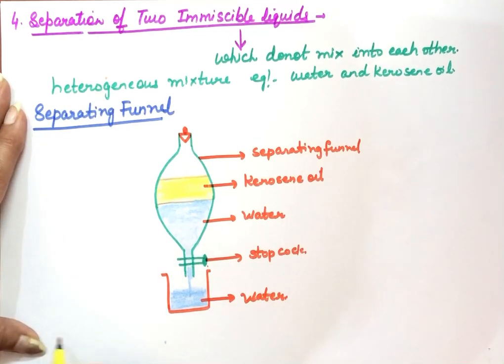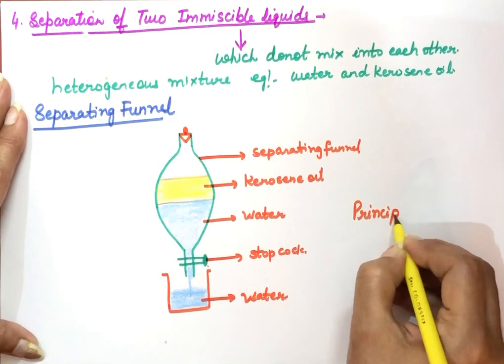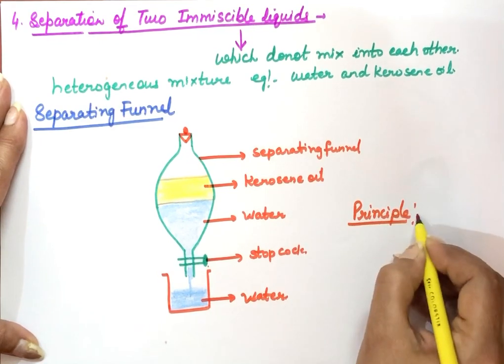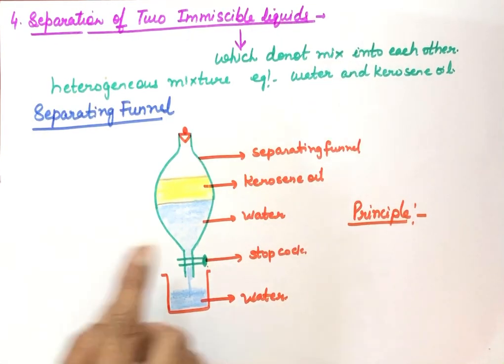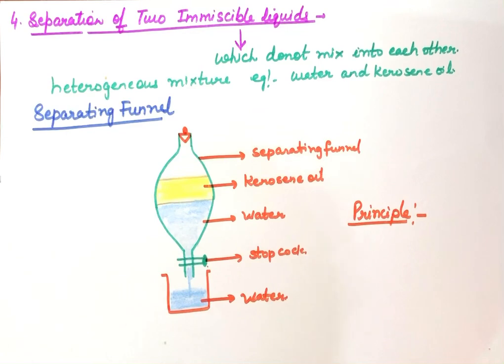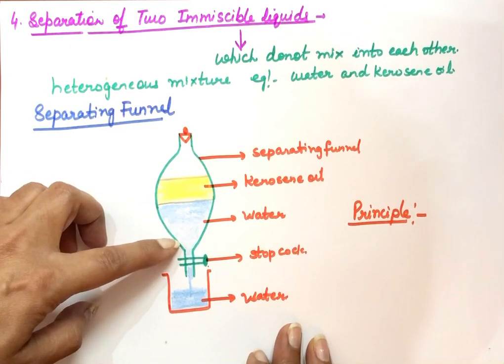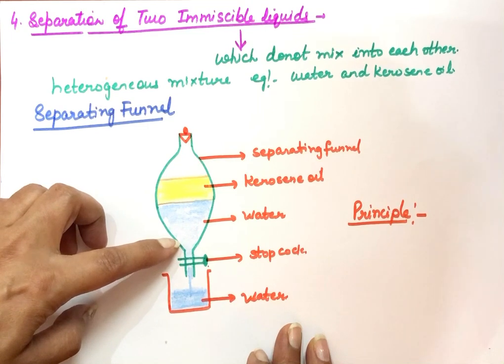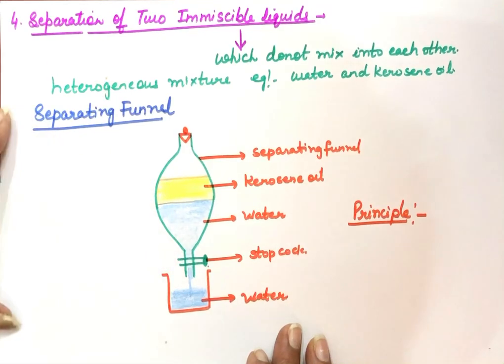Now, can you tell me which principle is used in this method? Think about how we are able to separate the two liquid layers. The reason is that the densities of the two liquid layers are different, so that is why it is possible to separate them. The high density liquid will be at the lower level and the low density liquid will form an upper layer.